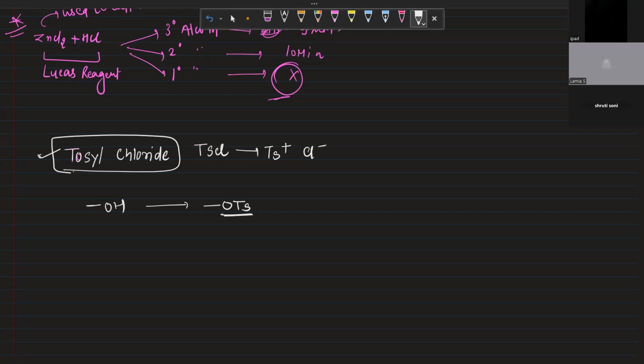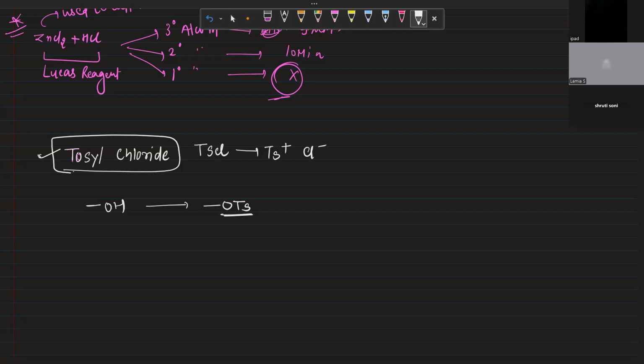Okay. Then in case of I, tell me. It's going to be SN2, right? It can be SN1 or SN2 both because there is the same product. But it will go with SN1 because HBr is there.